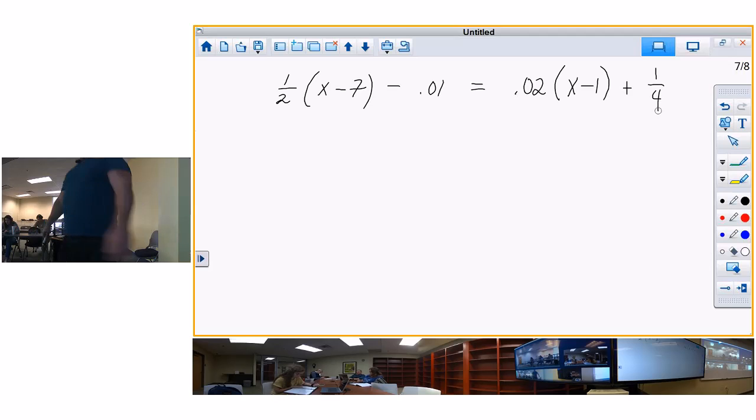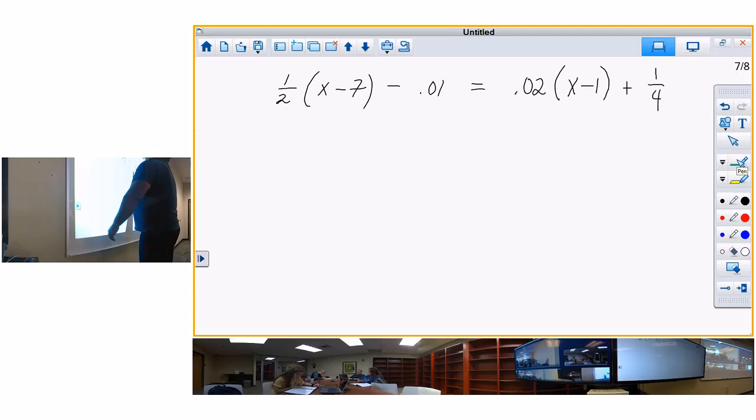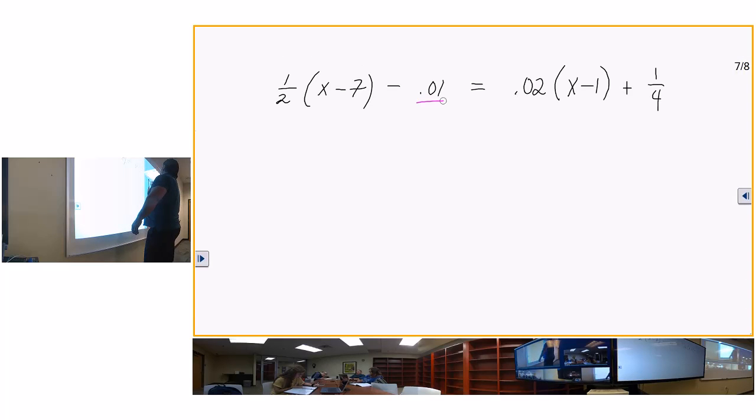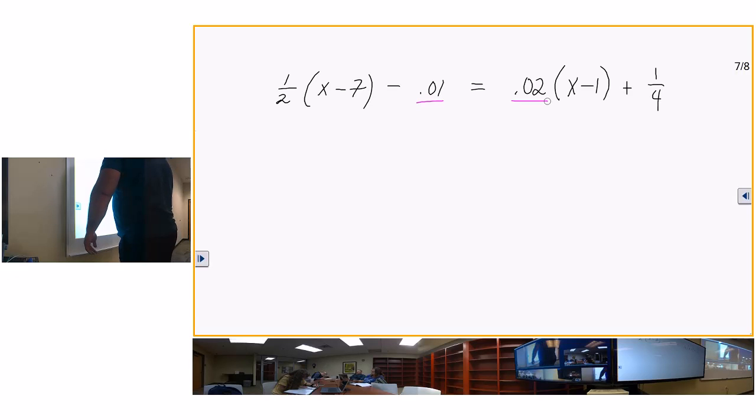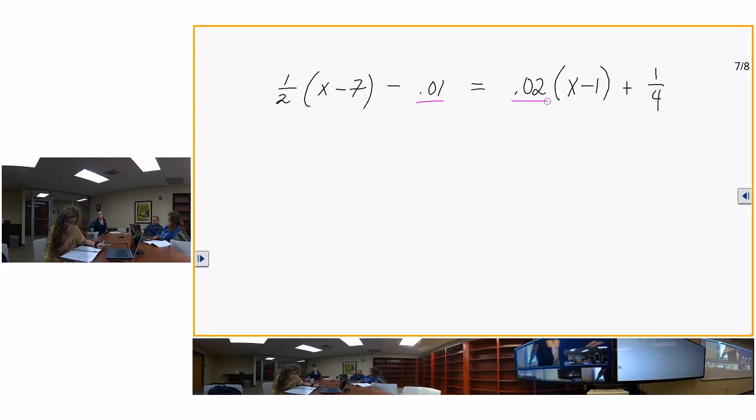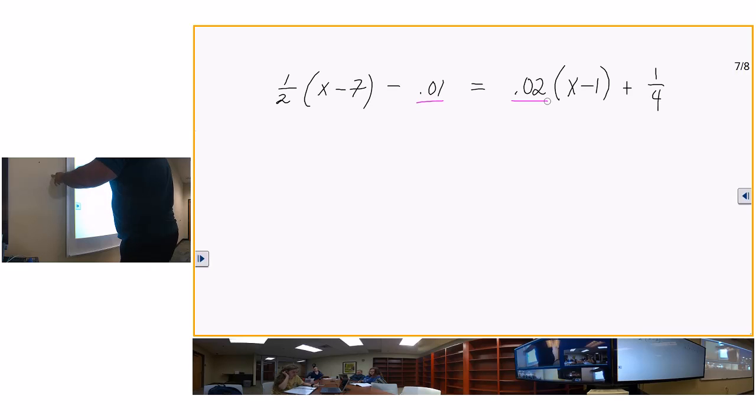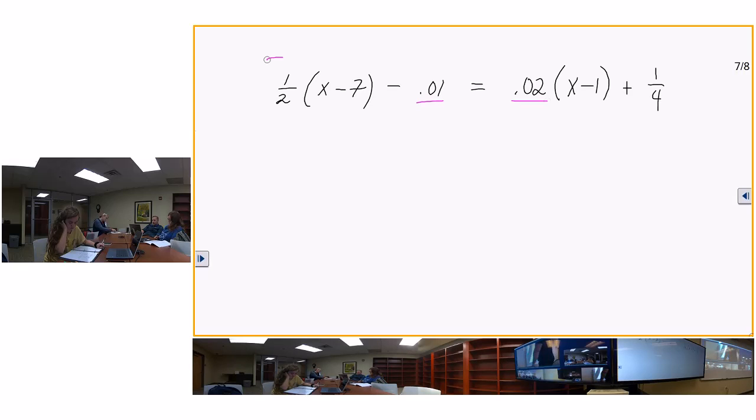All right, I'm going to multiply through. What am I going to multiply through by? Well, focus on the decimals like I told you to. How do I clear those 2 decimals? I'm asking y'all. That's not rhetorical. Multiply by 100. Good job. Got one person this way.